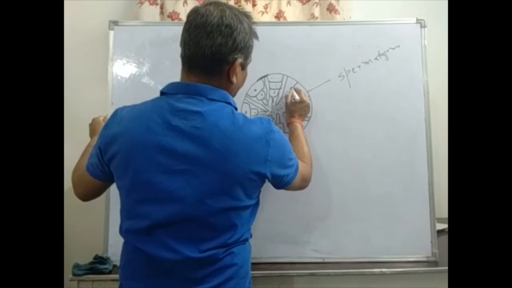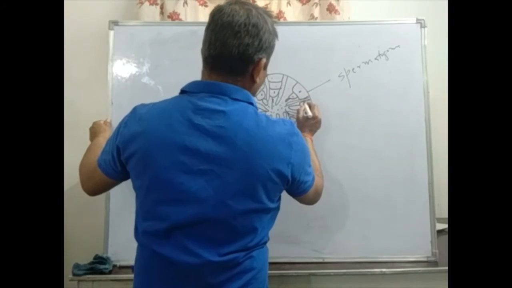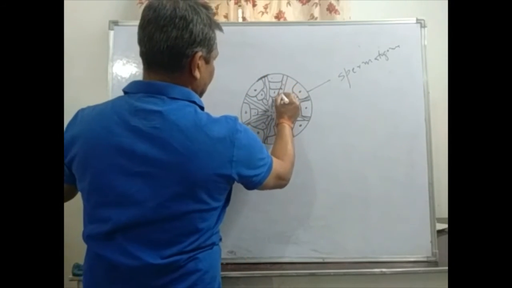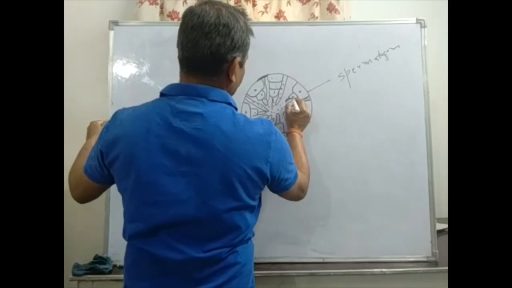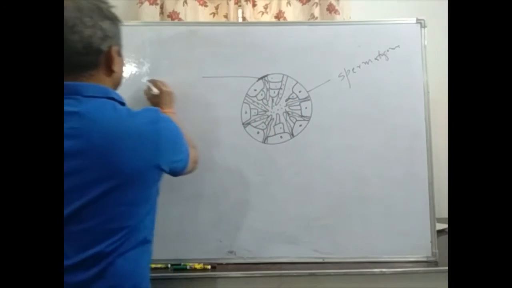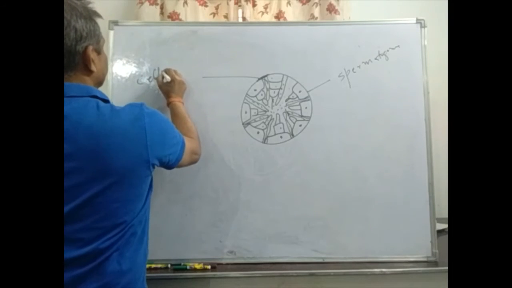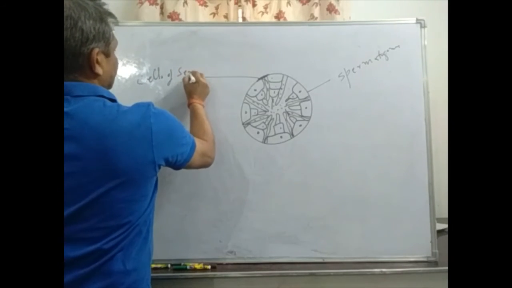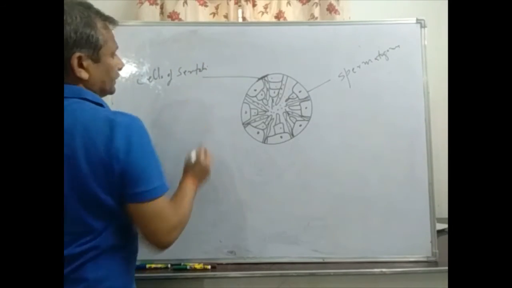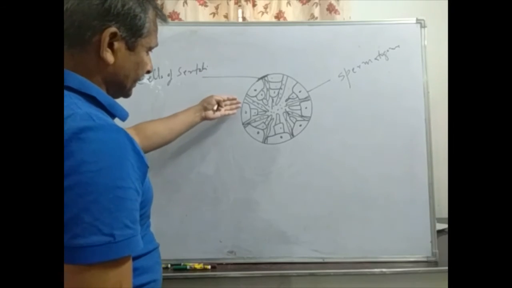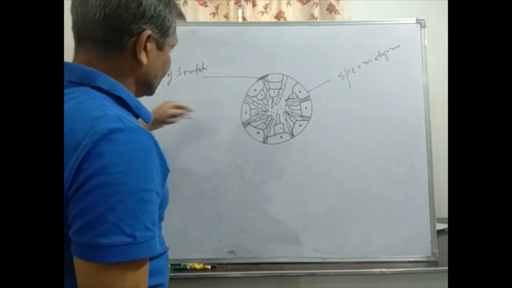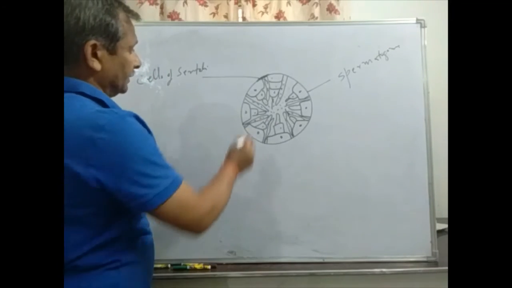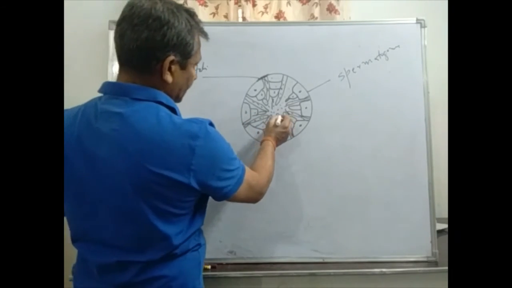in this cavity, and these are some other specialized cells, the cells of Sertoli. They provide mechanical support to the developing spermatocytes and also help in the nutrition of the developing spermatids.